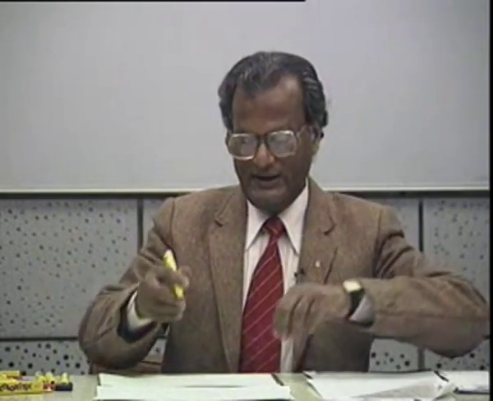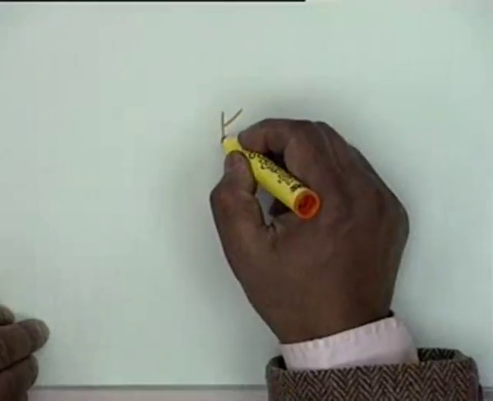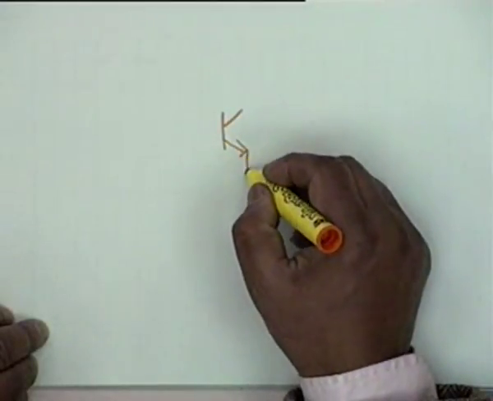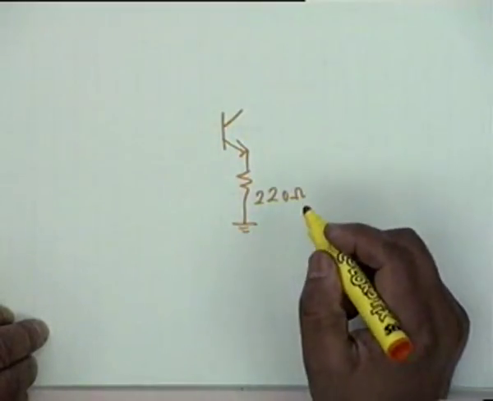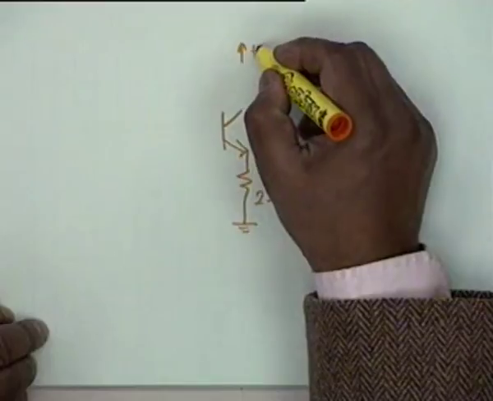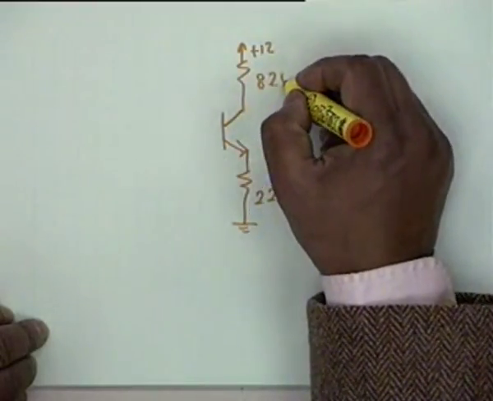Okay. The next question, question 9 in the tutorial sheet, is that of a BJT. BJT biased like this, 220 ohms, 12 volt plus 12 volt, 820 ohms.